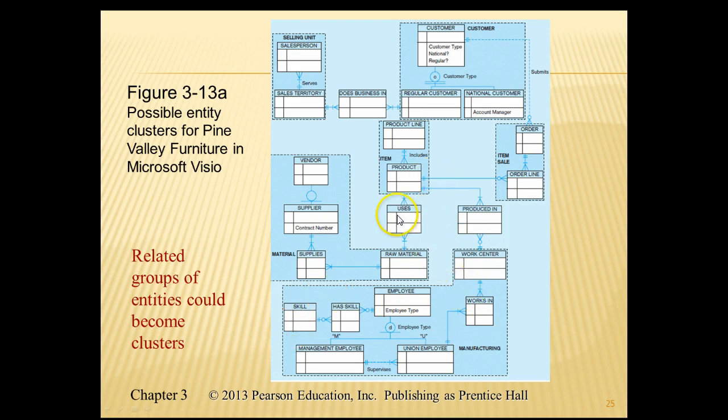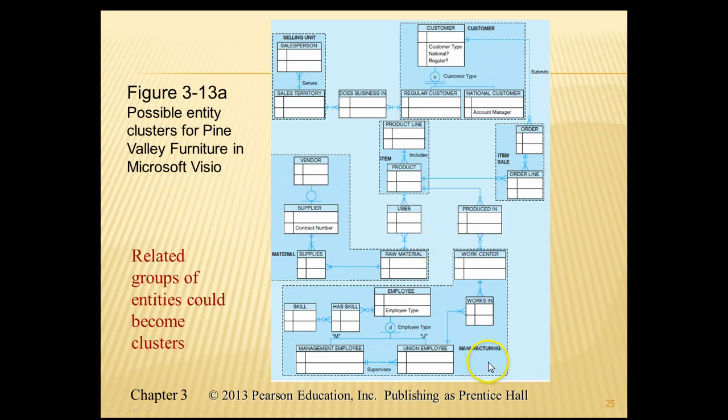So, for instance, the relationship between product and raw material is uses. So there's an associative entity between those two entities. But since product is part of the item entity cluster and raw material is part of the material entity cluster, then that associative entity is not going to be included in either of those clusters.